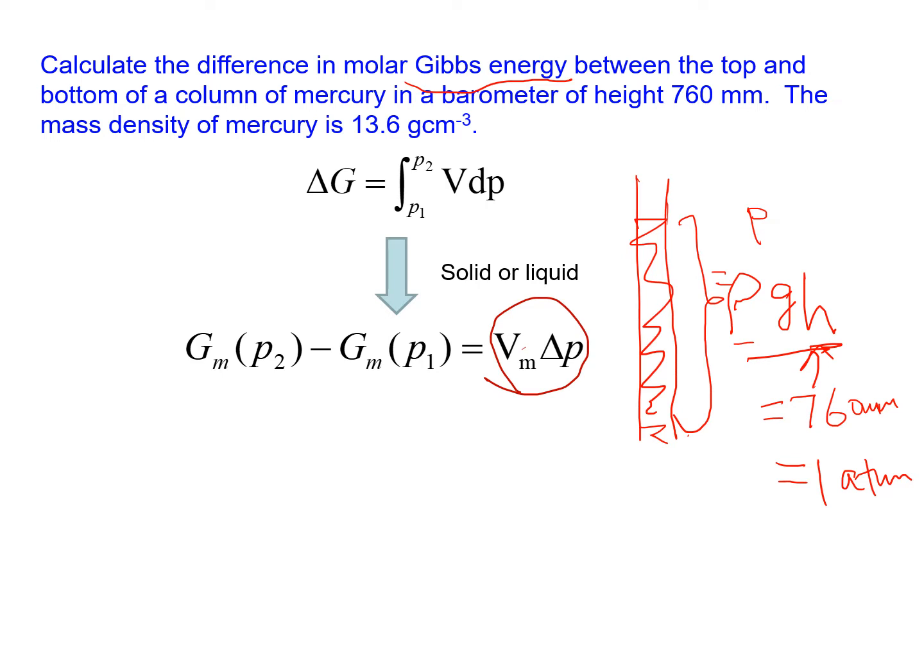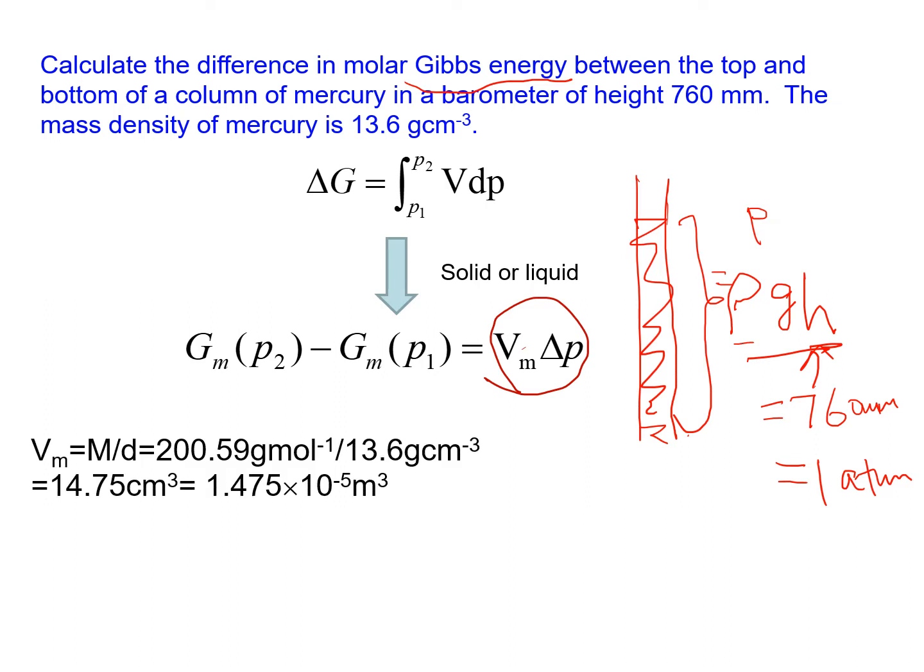So you need to know the molar volume, and you need to know the pressure. The molar volume is calculated by the molar mass divided by the density. For mercury, the molar mass is 200.59 gram per mole. Density is 13.6 gram per cubic centimeter.